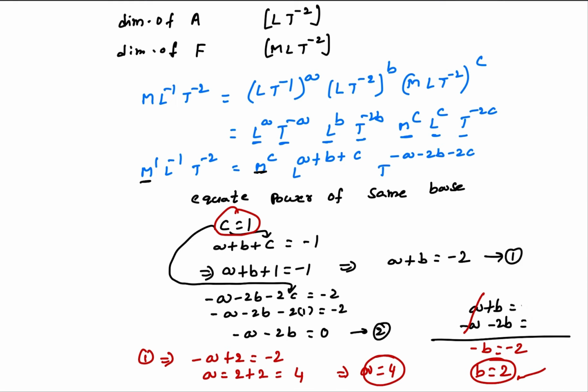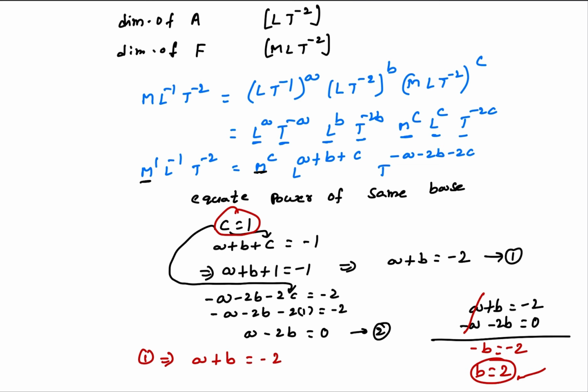You get a + b = -2, and adding, -b = -2, so b = 2. If b = 2, you get -a + 2... sorry, here I made one mistake, I think. The first equation I made wrong.